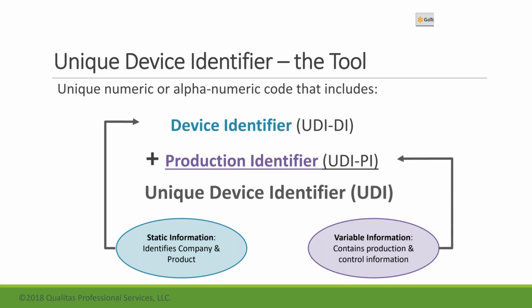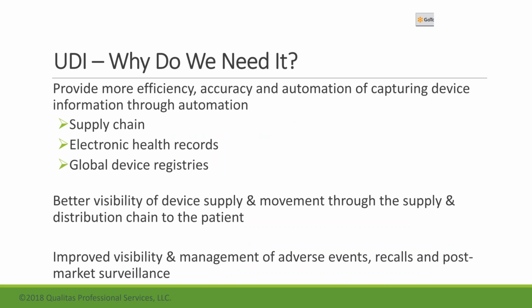So why do we need UDI? When this first came out, when I first started hearing about it, I don't know, 10, 12 years ago, the FDA was saying, all the big talk was, oh, this is about patient safety. This is going to improve patient safety, and we're going to be able to keep track of devices and where they're at. And when I was at a medical device manufacturer at the time, manufacturers were like, no, this is all about supply chain.